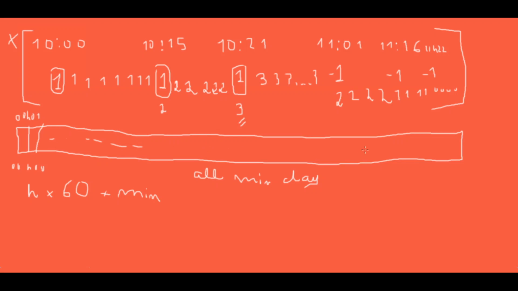So there are 1,440 entries, so this is the number of entries that you need to process.